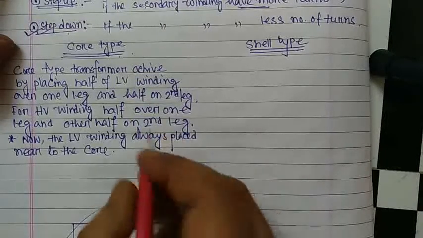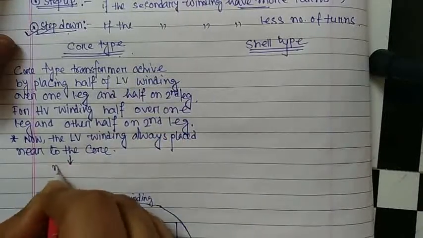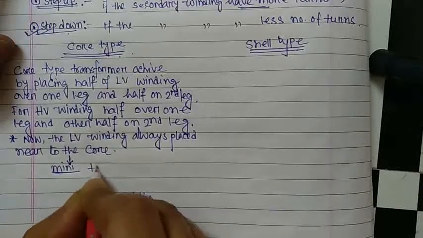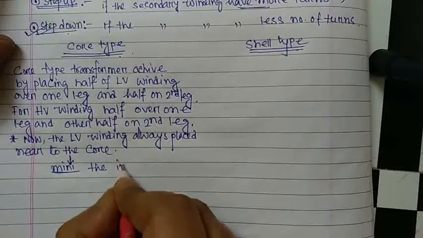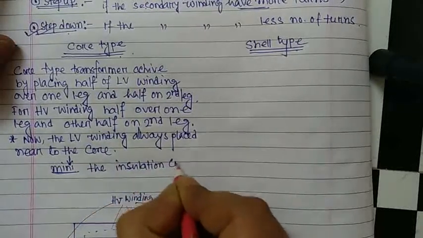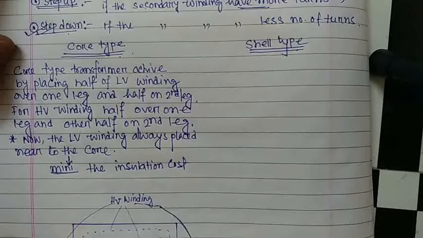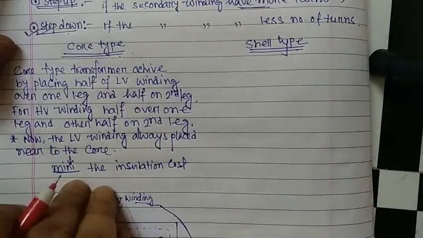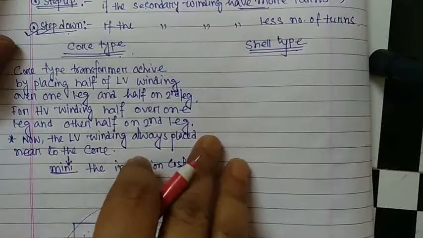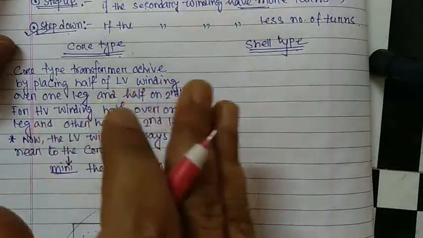Why? To minimize the insulation cost. Low voltage winding is always placed near to the core.